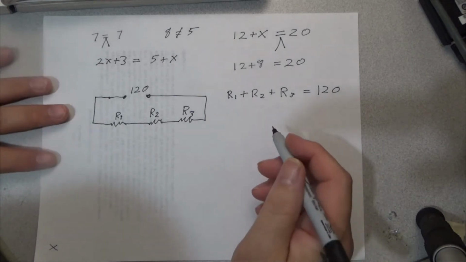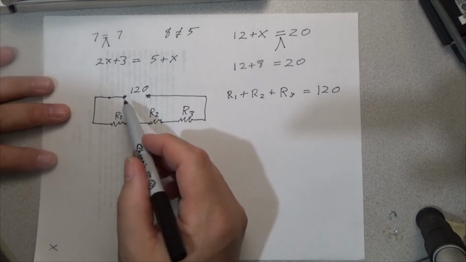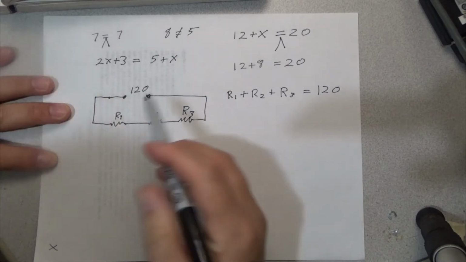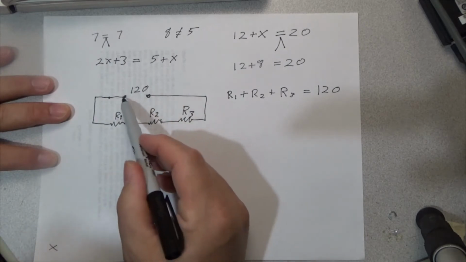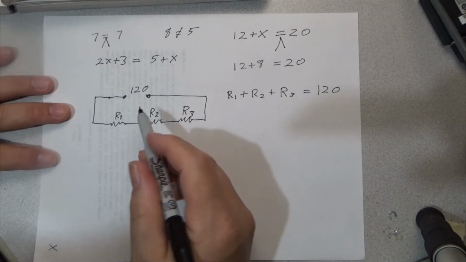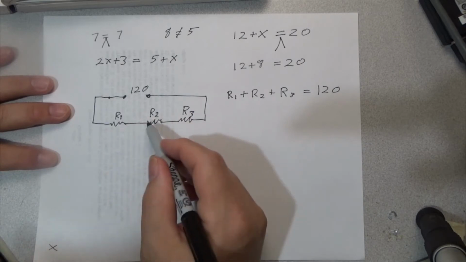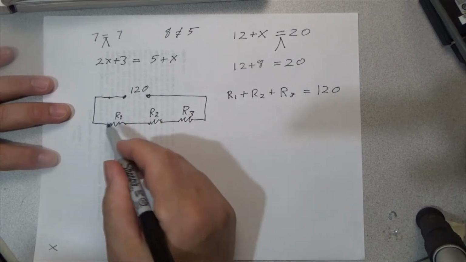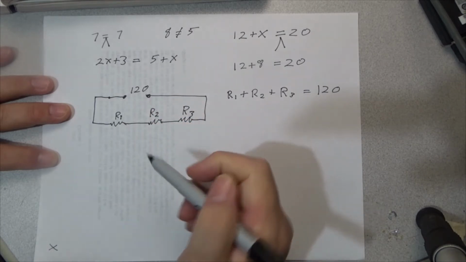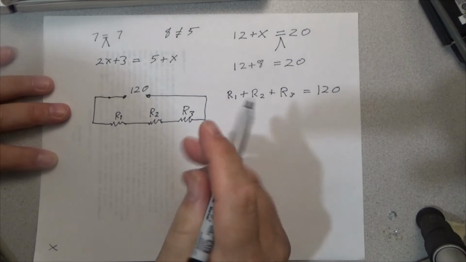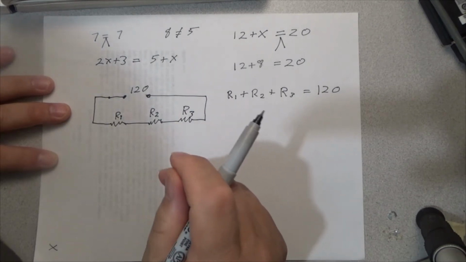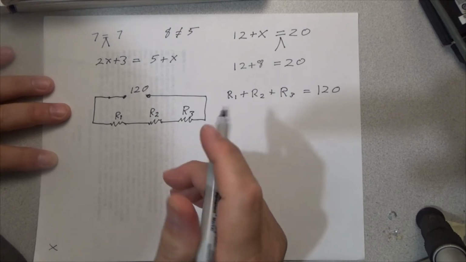It says, in a series circuit, so we have a series circuit right here with 3 resistors in it, and those 3 resistors have a source voltage of 120. In a series circuit, you can add the voltages across the resistors, and that will equal the source voltage. It gives us some stipulations as to what the voltage drop across each of those resistors is.